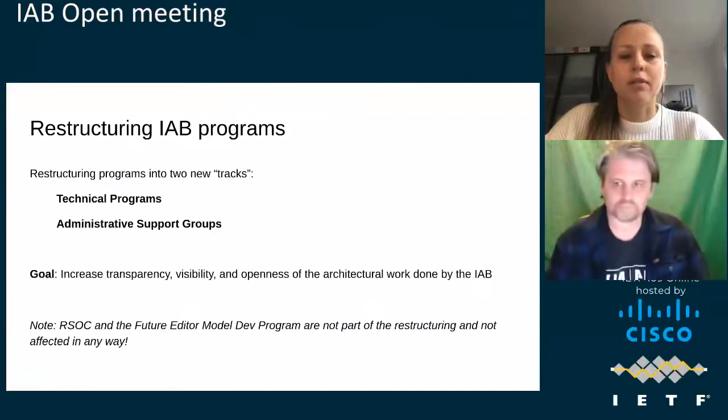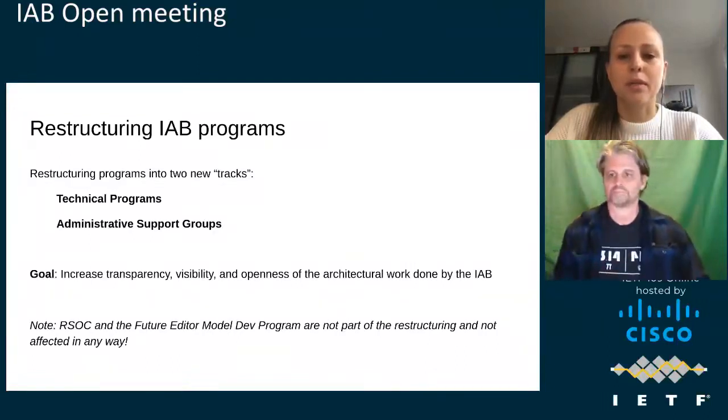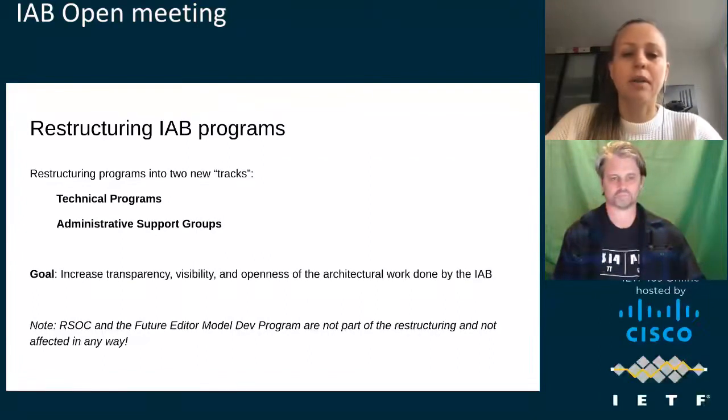So the biggest change here really is that what we're proposing is that in future we want to have two different things. One is called technical programs, and the other one we call currently administrative support groups. There was already some name bashing about this on the mailing list, but the point was really also to not call a second thing program, to have a clear distinction.